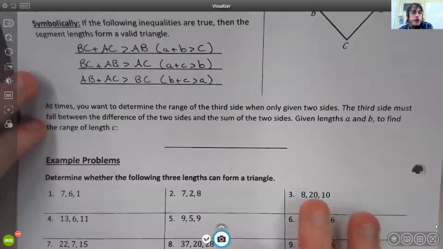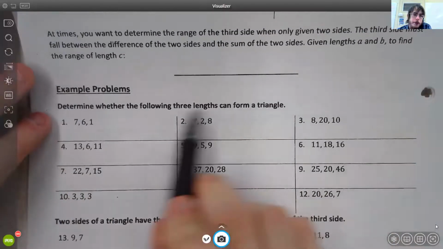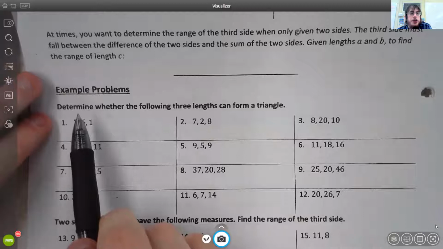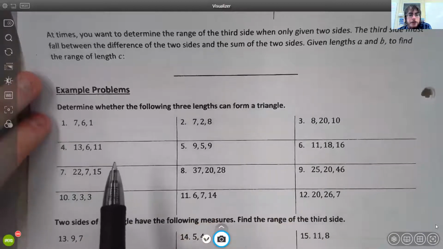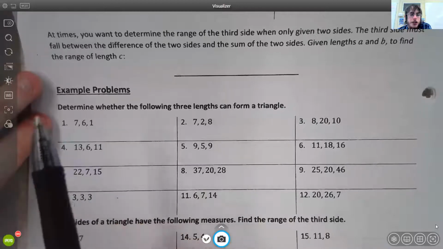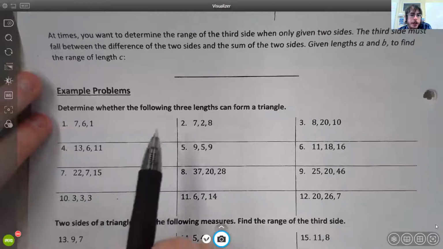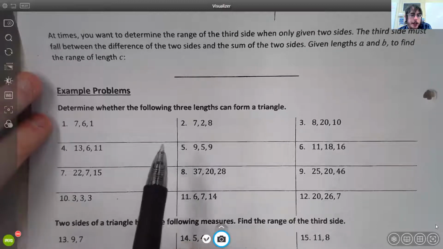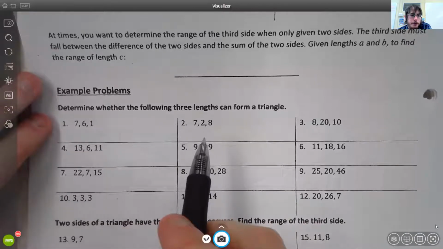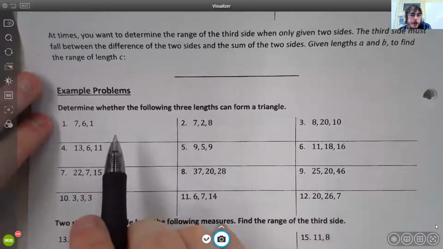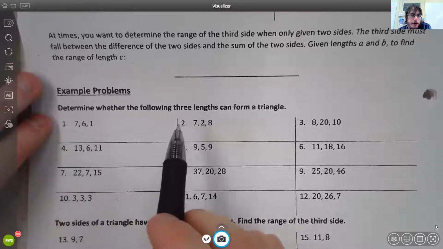So, if you look down here at the first 12 problems, these want you to determine whether the following three lengths can form a triangle, okay? So the way I always start this out, and this ends up being the shorter way anyway, is to take the two smallest lengths of the triangle, add them together, and see if they're larger than the biggest side, okay?